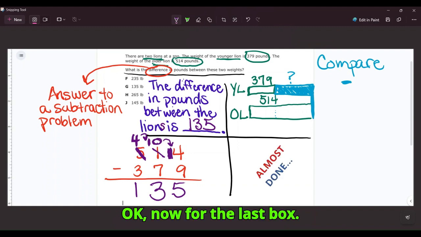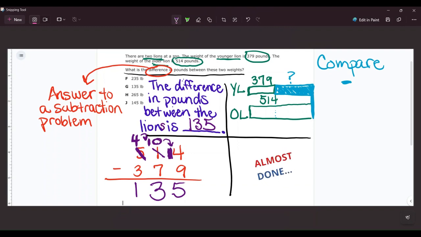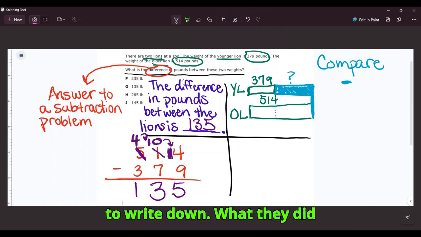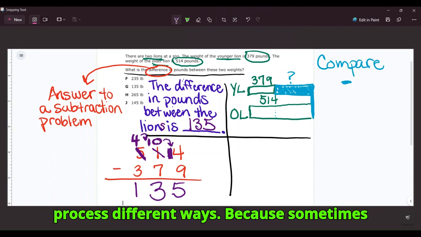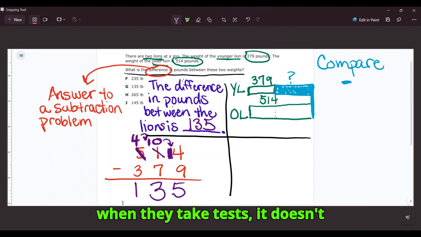Okay, now for the last box. In the last box, I require students to write down what they did using words, so that they can practice modeling their process different ways, because sometimes when they take tests, it doesn't have any numbers to calculate.